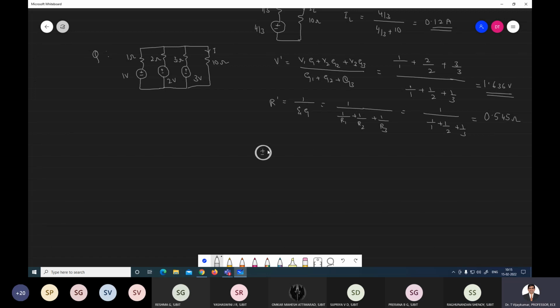Then write a circuit. This is positive, negative, and then a resistance, and here also a resistance. This is your 10 ohm, and this is your IL, and this resistance is 0.545 ohm, and the voltage will be 1.636 volt. Therefore IL is given by 1.636 divided by 0.545 plus 10.